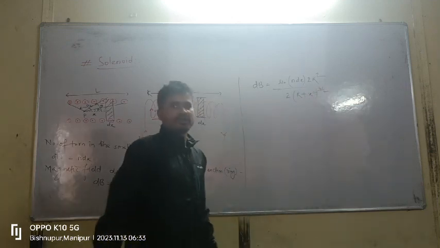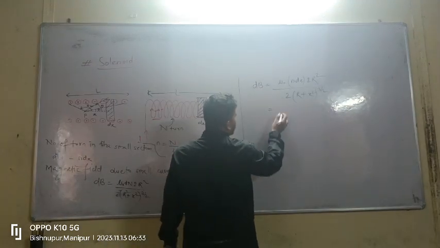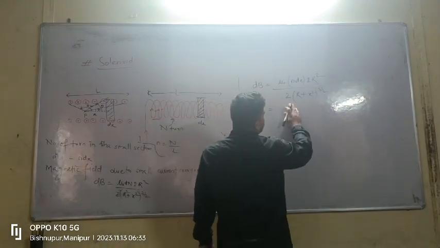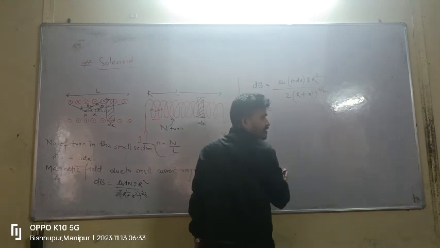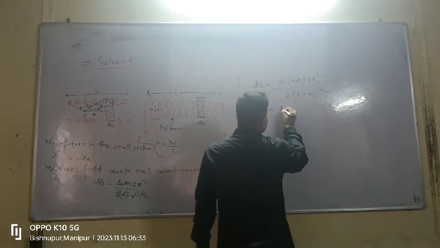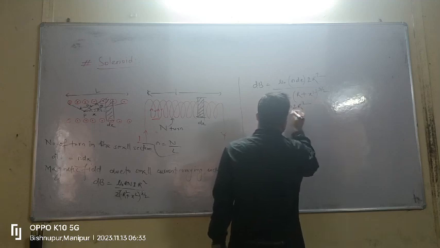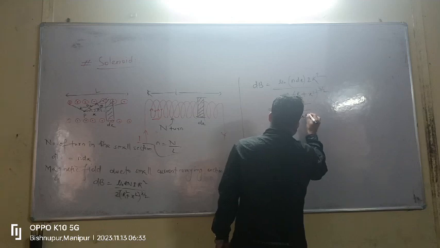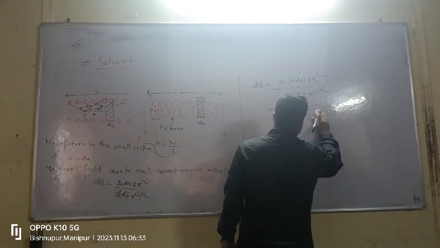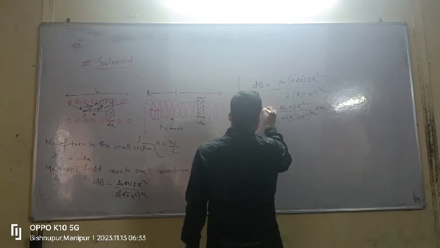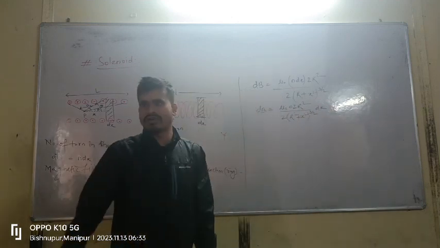Is it clear to everyone? Okay. Now dx is there, right? dB equals mu naught n I r square upon 2 into r square plus x square power 3 by 2 dx. dB is clear to everyone, no?